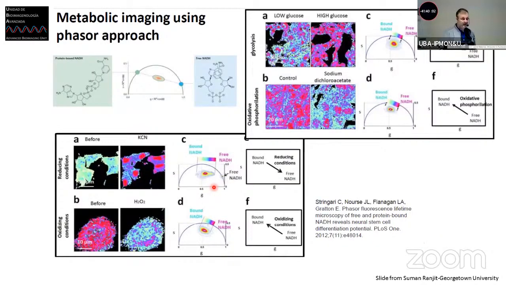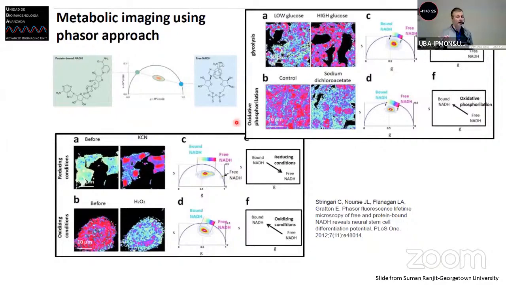And what we learn about these changes in the lifetime is that if the lifetime is short, so if you have a higher amount of free NADH, it is because you have a more glycolytic condition. And this is shown here, where you have a glycolytic condition or a phosphorylative condition.